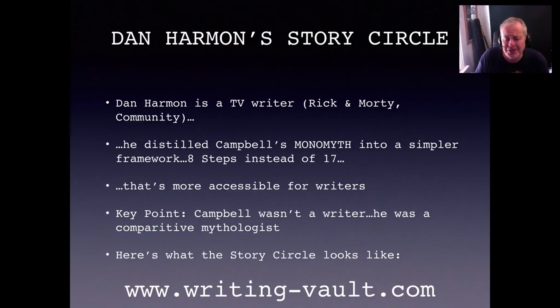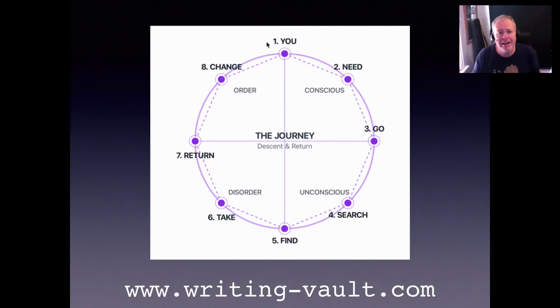Here's what Dan Harmon's story circle that he came up with looks like. A diagram there. You can see there's 8 points, and there's other things on the diagram as well as the names of each of the steps. And note that each of the steps has its own name, and we'll go through each of those in a moment.